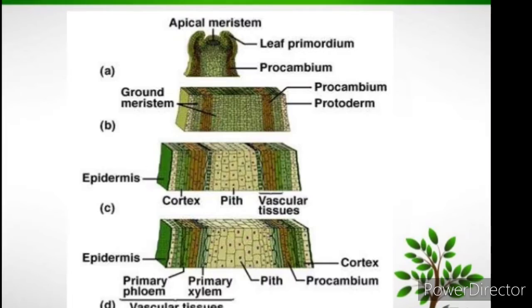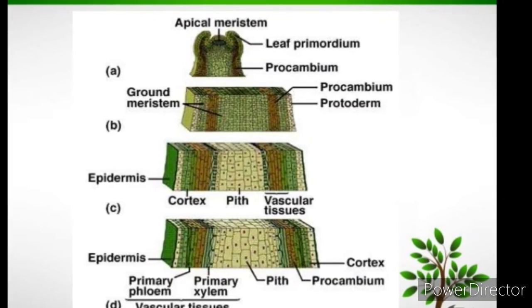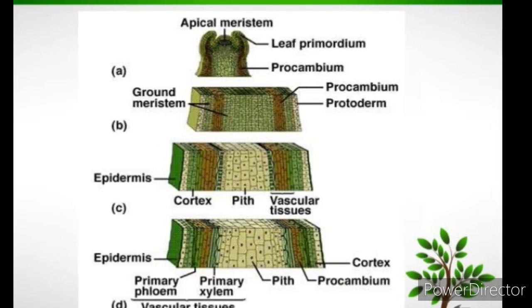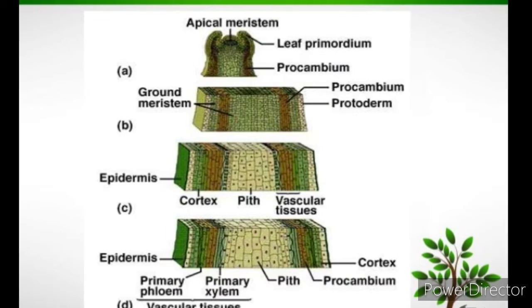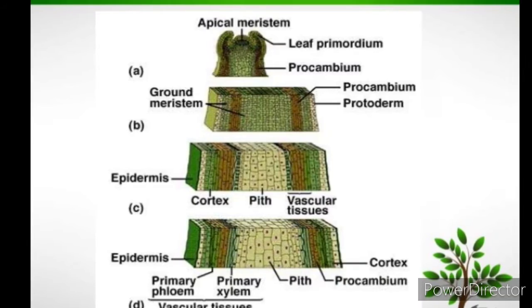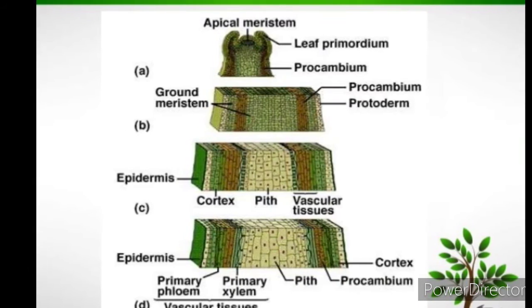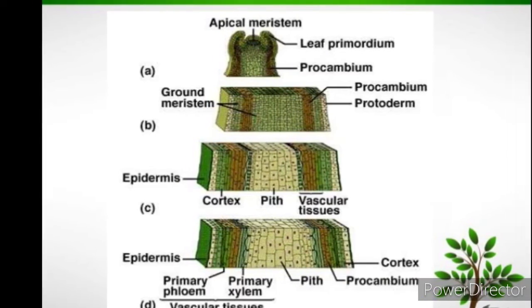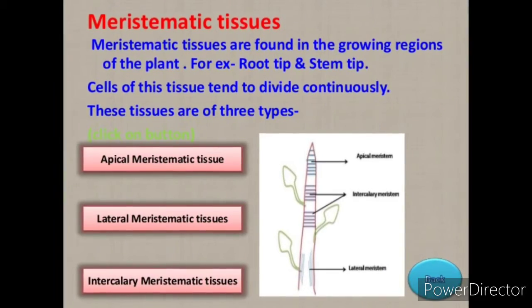Apical meristematic tissue allows the plant to grow height-wise, and lateral meristematic tissue allows the plant to grow in width, and intercalary will help at nodal points. Meristematic tissues.